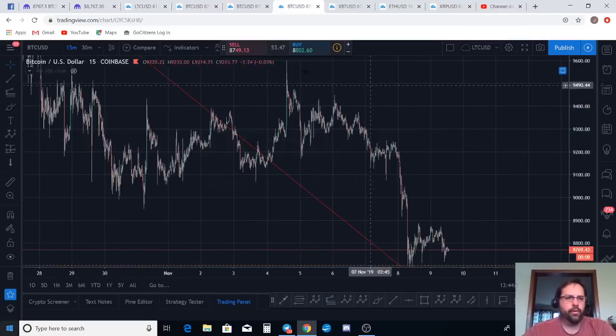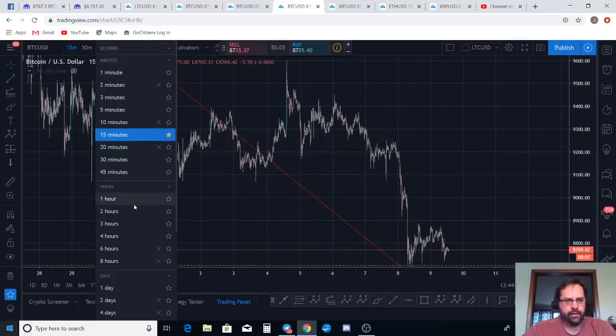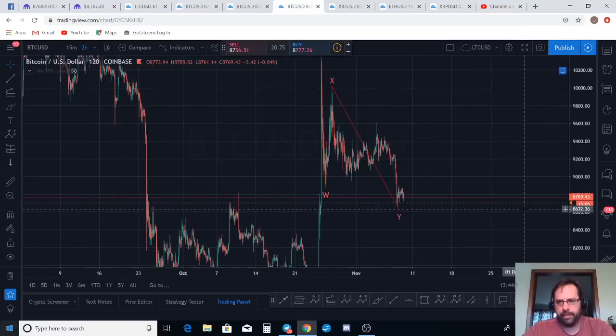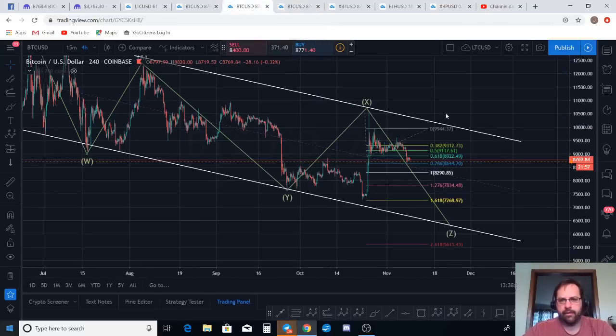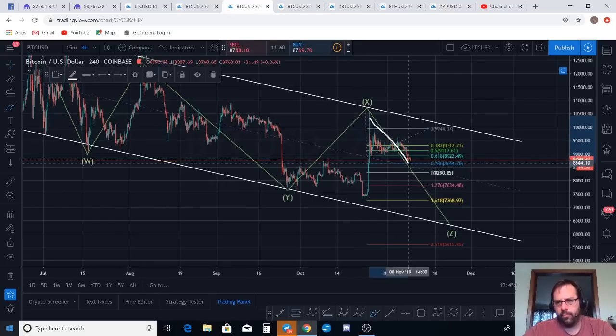What we would be looking for in the grand scheme of things, so let me go to the 2-hour chart again to remind you where we'd be. In our Z wave, we need to have 3 waves in that, right? Okay, so we have one, we're looking for this, and then we're looking for that.